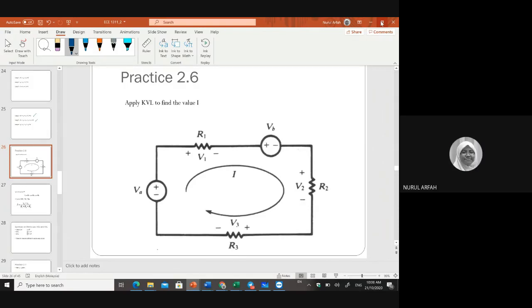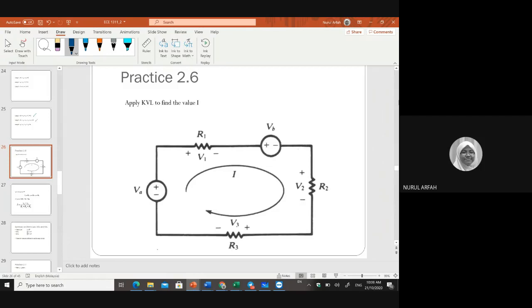What is Kirchhoff voltage law? Summation of V of what? Where to apply that? In a loop. Yeah, in a loop, right?